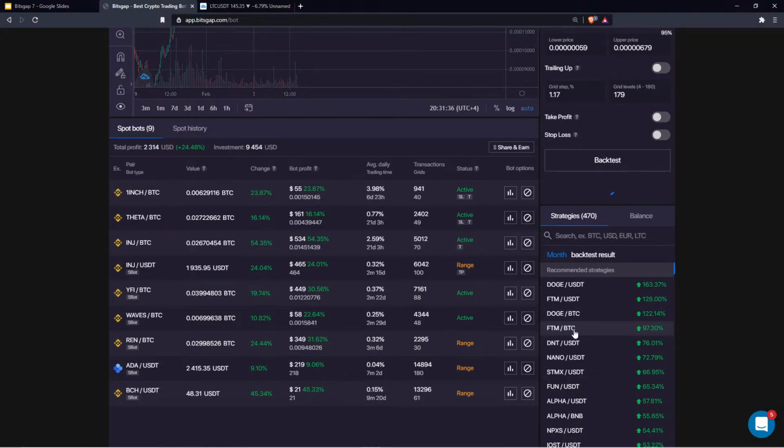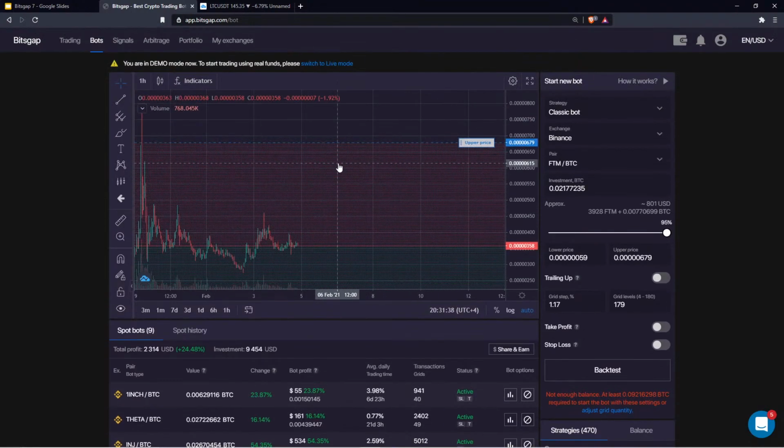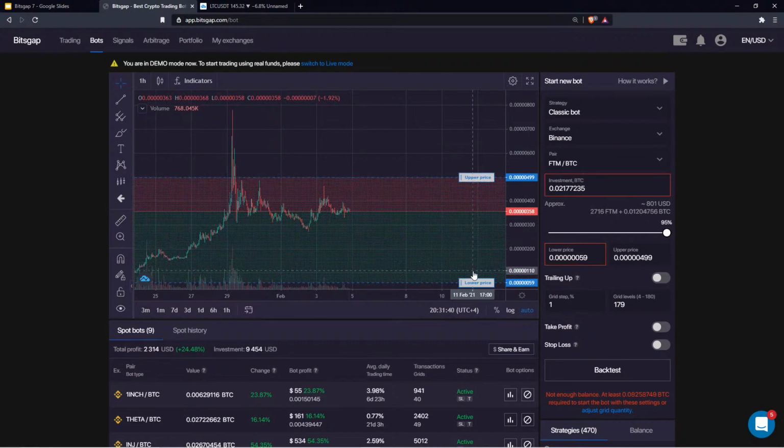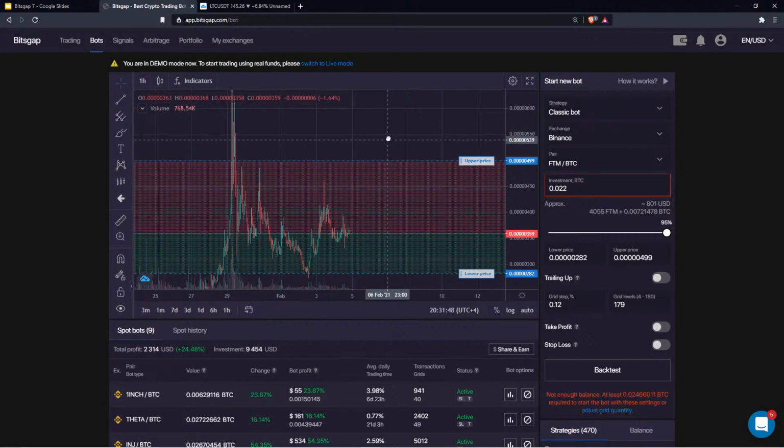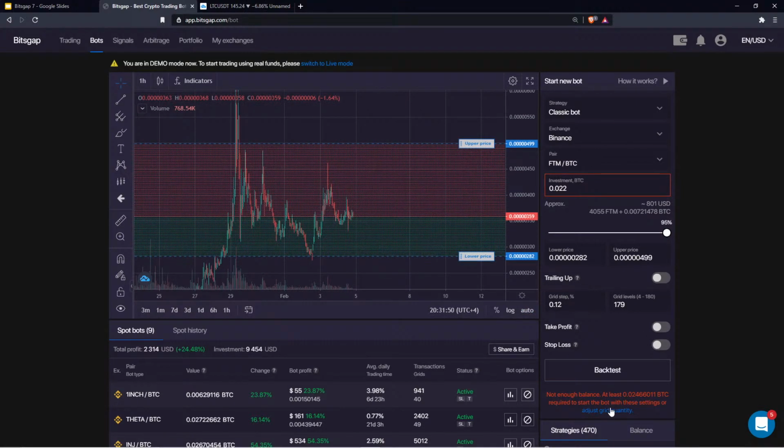Let's in this case use FTM, and let's just randomly set the upper and lower. Pretty much the same investment. Notice that you might get a notification that the balance is not enough. So you either have to adjust the grid quantity to stick with the same investment, or you must increase your investment.